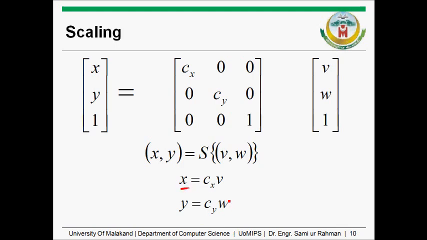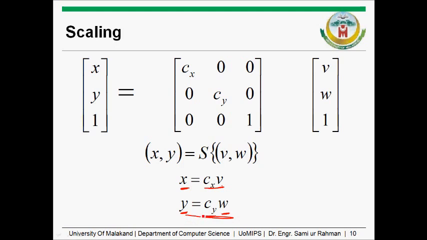So this is just multiplication, and the equation will be: this is the final position, this is the original position, and this is the scaling factor along the x-axis, and this is the scaling factor along the y-axis. This equation is simple.